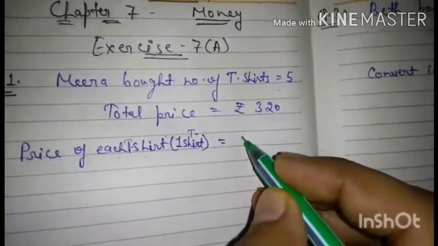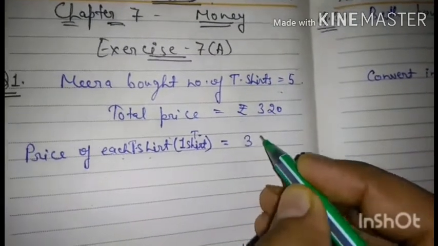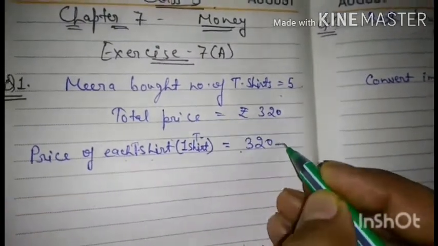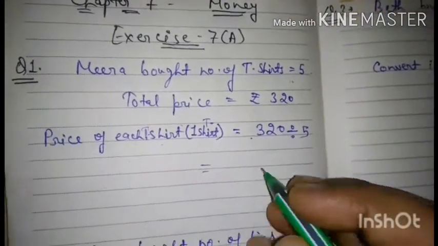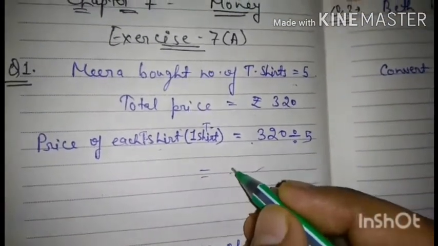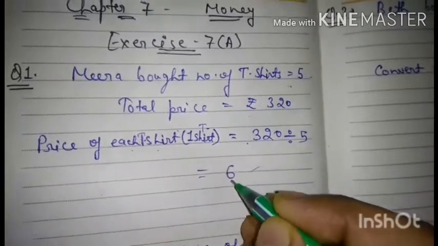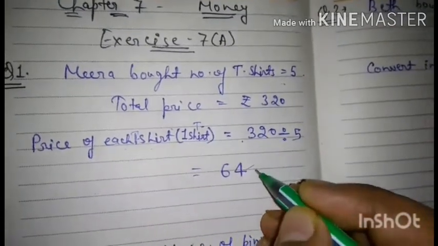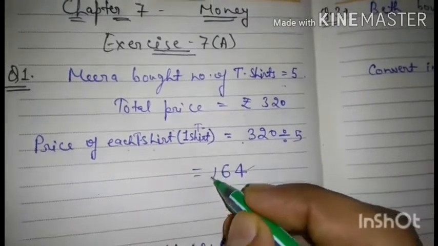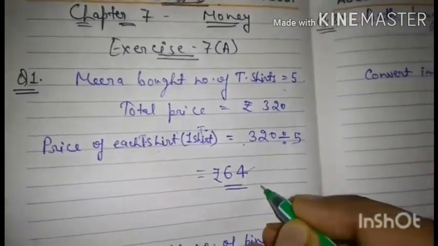So how to find out the price of each t-shirt? 320 divided by 5. And you find as the quotient 64. 5 sixes are 30 and 5 fours are 20. 64 rupees is the cost of each t-shirt.